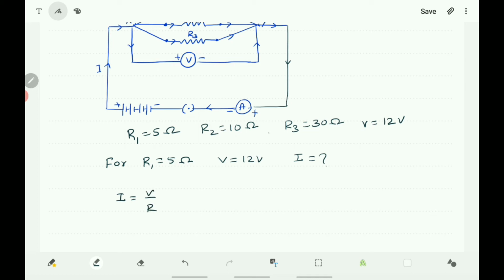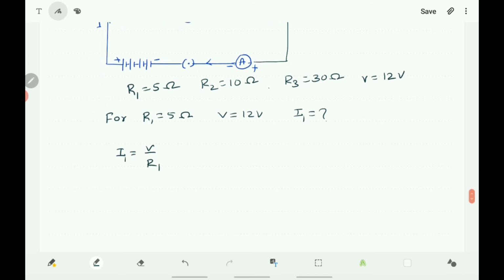So let us have it as I1. So let us write I1 is equal to V by R1. That is V is here 12 V and R1 is 5 ohms. And here it becomes I1 is equal to 12 divided by 5.